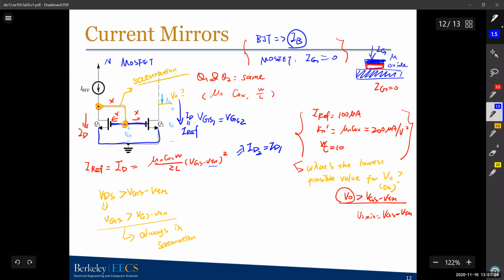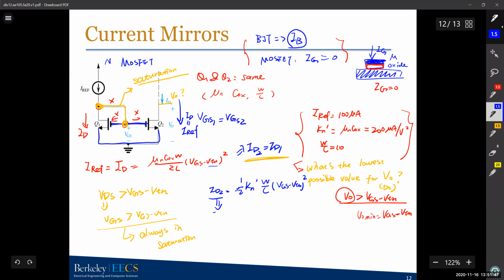One feature of a current mirror is that they always have the same current, ID2 equals ID1 equals IREF. So ID2 is a half Kn prime W over L times VGS minus VTN squared.